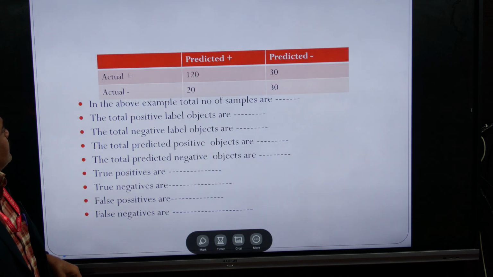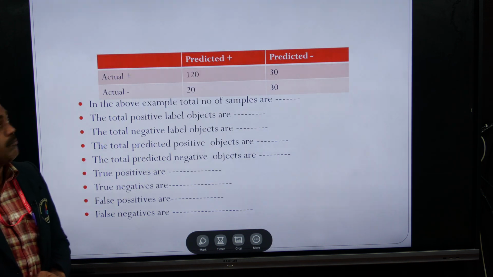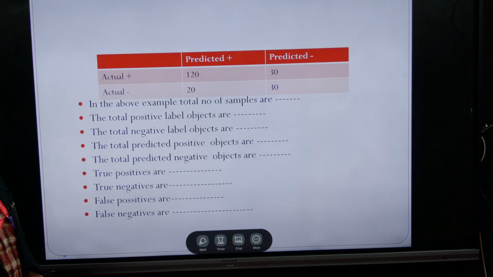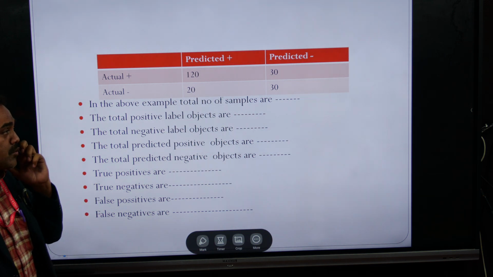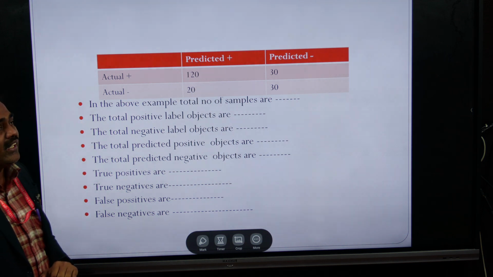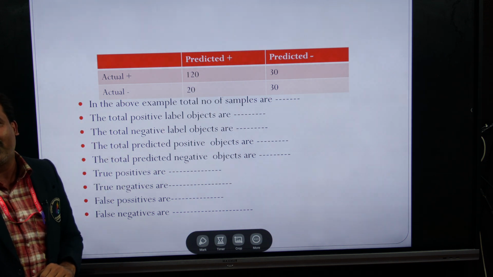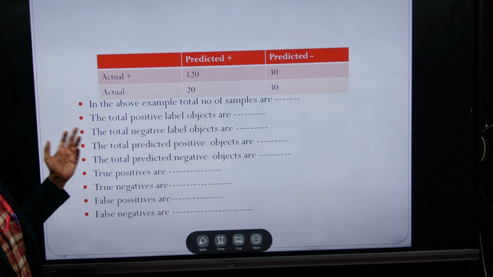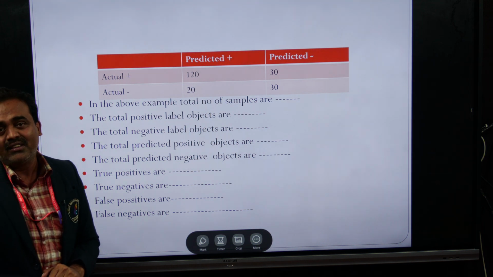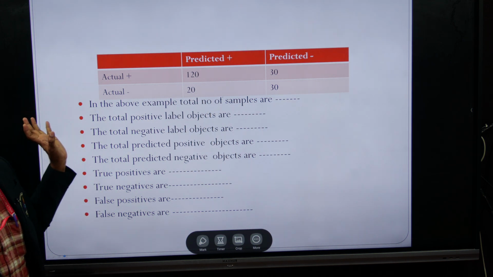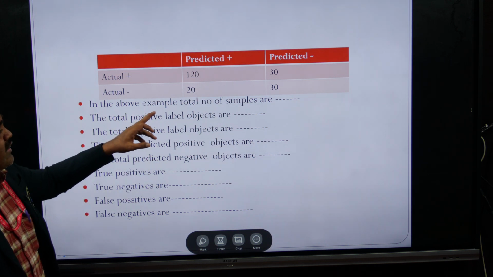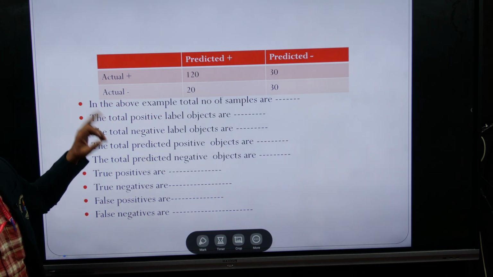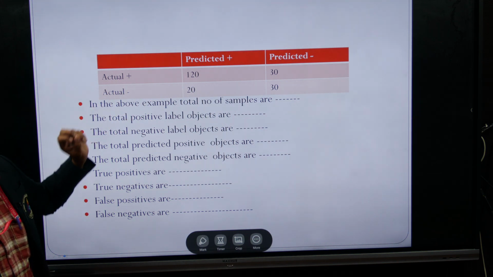Next, I am going to take a simple example. Let us assume that we have 200 students. Out of 200 students, 150 are positive students who got selected in the campus and 50 students are not selected. By giving all the students as input to the model, our model predicted 120 students who are already placed, they got the placement.